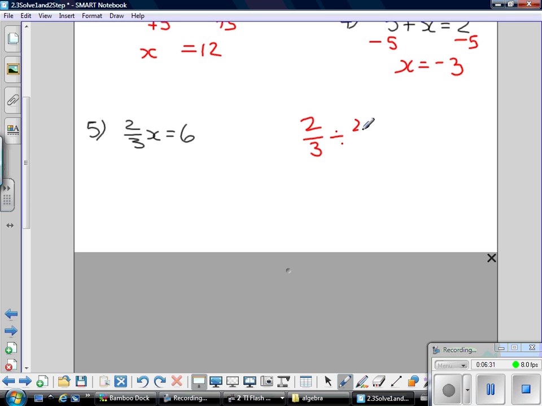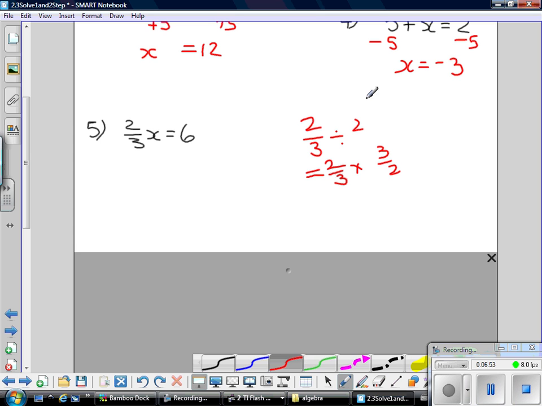So this is why we did that numeracy stuff before. Notice I'm doing it over here. Dividing by a fraction means I multiply by the reciprocal. So I end up with 3 over 2, and I don't know why I have a 5 here. That should have been a 3.